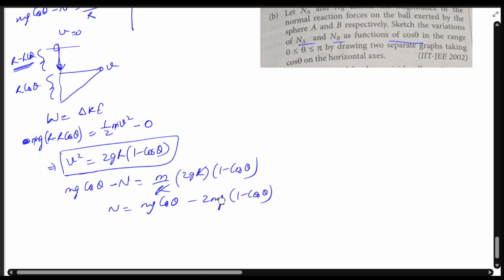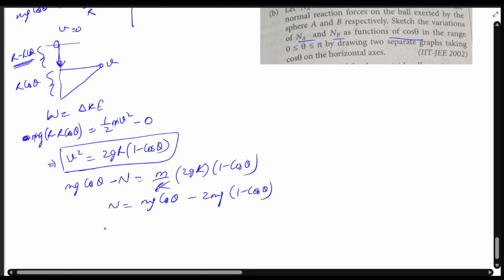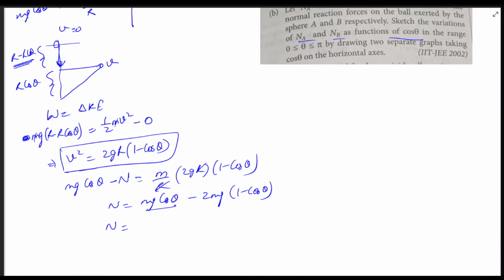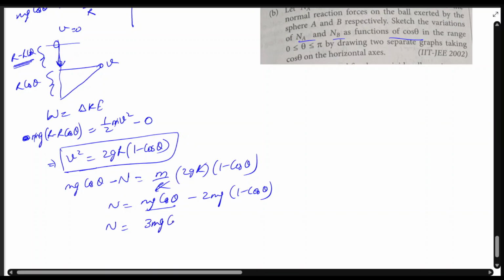Okay. So what will we have? Normal will be minus 2mg, and this will be plus 2mg cos theta, so we'll have 3mg cos theta minus 2mg. So normal will be simply mg 3 cos theta minus 2, right?